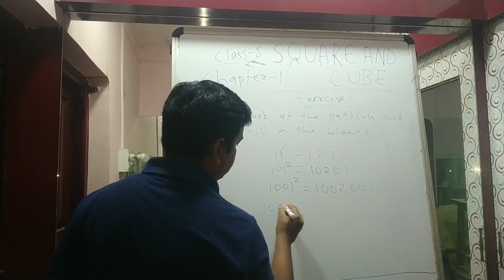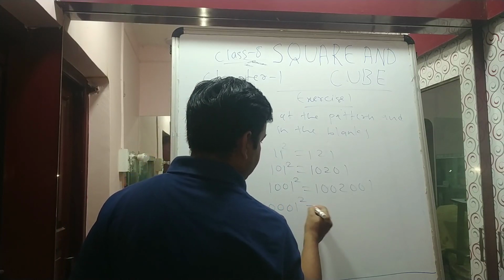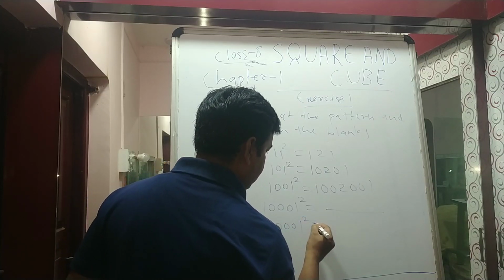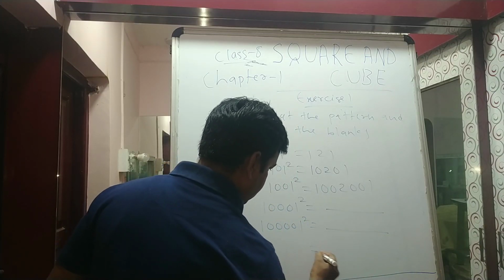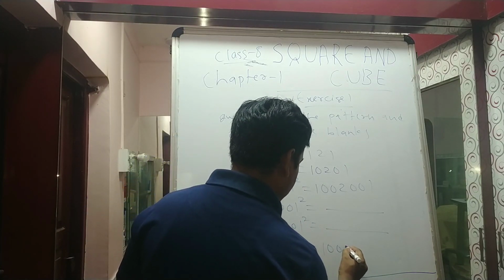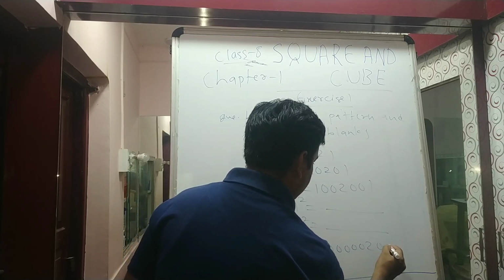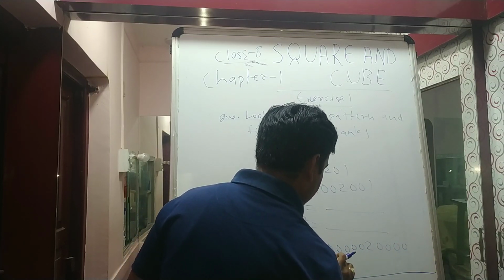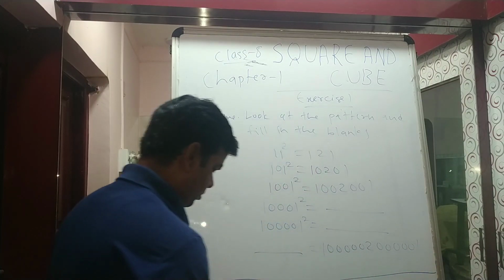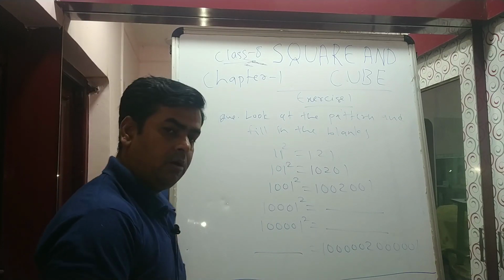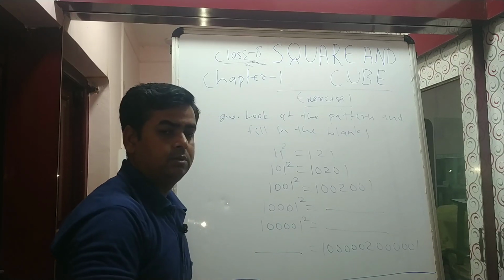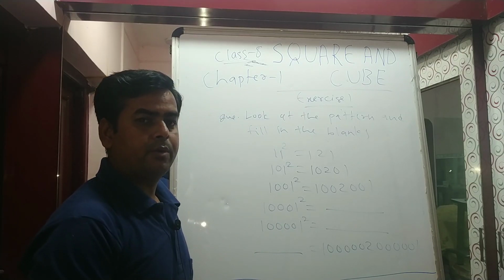So what should be the square of this, and what should be the square of this number, and which number's square is 5, 1, 2, 3, 4, 5? Note down this and hope to receive answers from you so that we can check our progress.